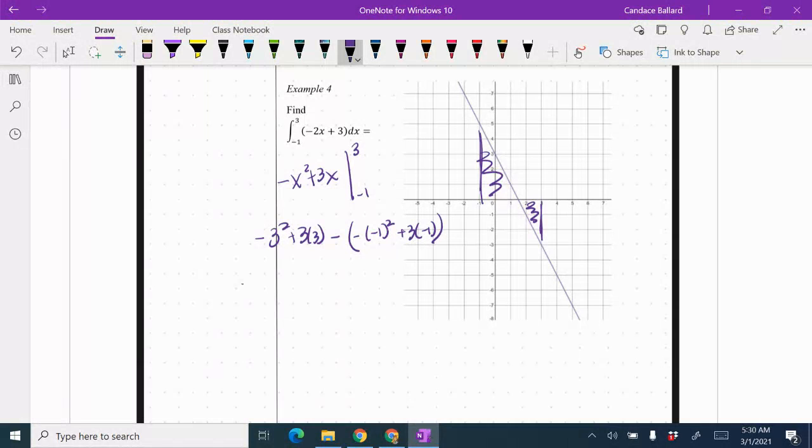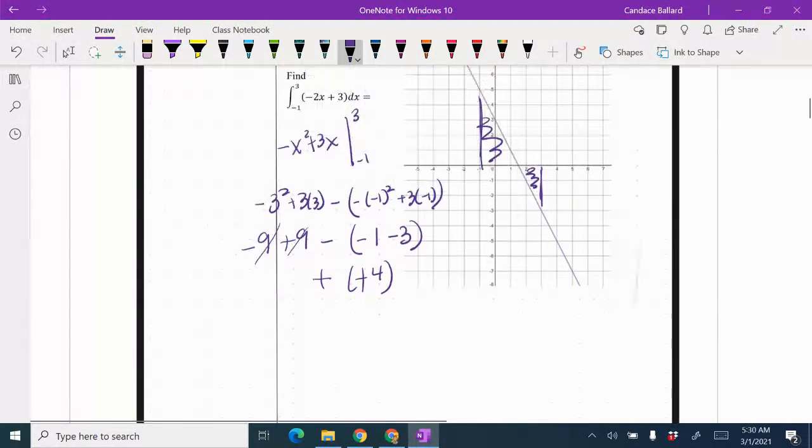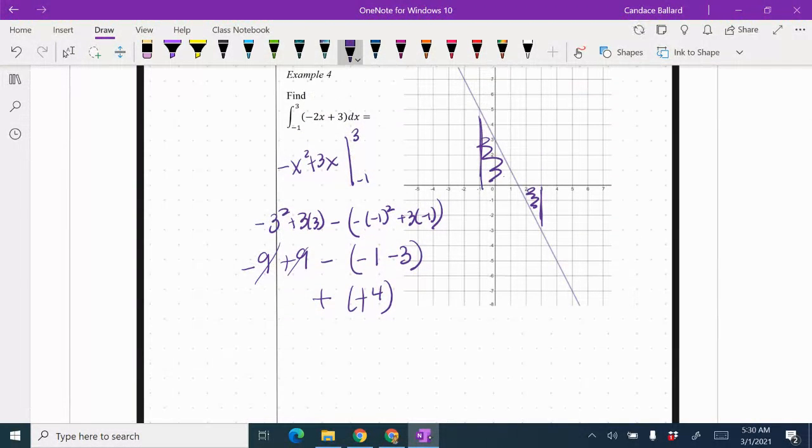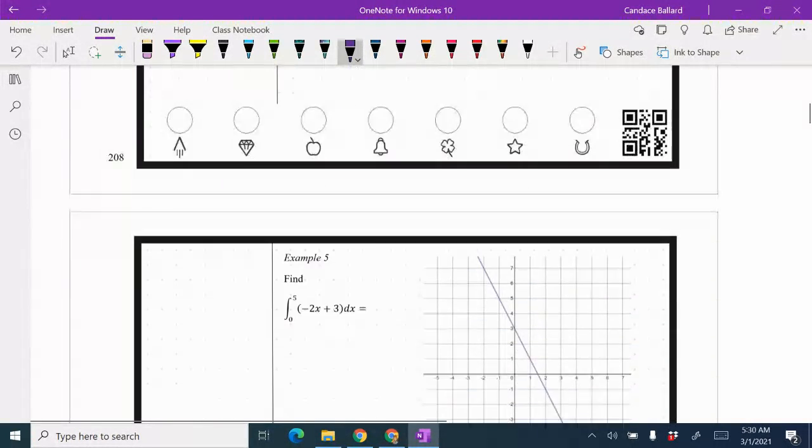So negative 3 squared would be negative 9 plus 9, minus, and it looks like negative 1 minus 3, because negative 3 times 1 is negative 3. These guys are going to cancel, and then I get negative 4, which is going to be positive 4. Which makes sense. Look, the positive triangle is bigger than the negative triangle.